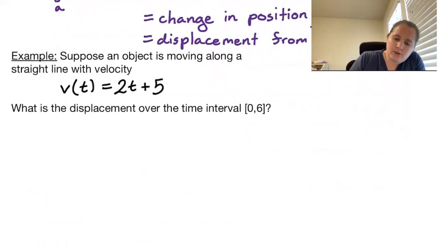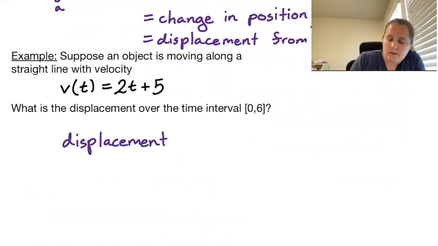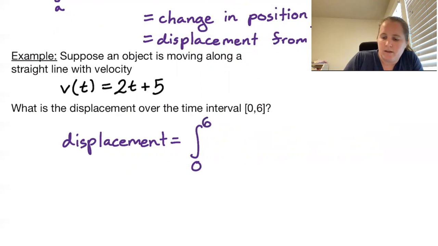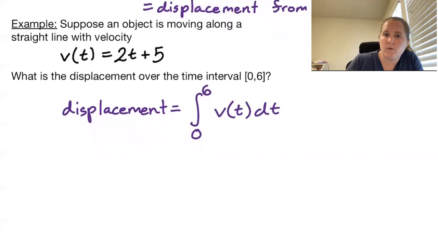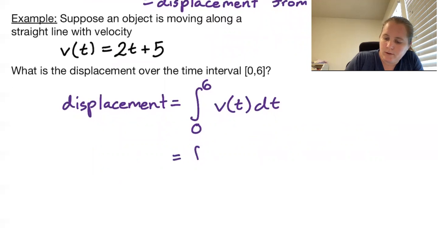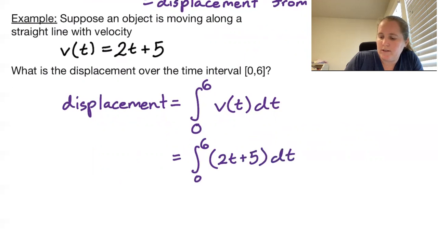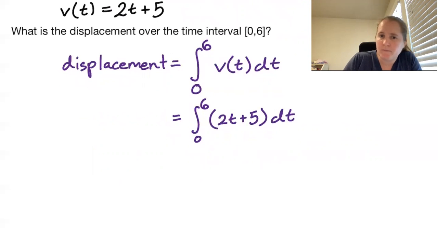So all we need to do is displacement is equal to the definite integral over that time interval. So we're going to go from 0 to 6 of v of t dt, or the definite integral from 0 to 6 of 2t plus 5 dt. 2t plus 5, we know how to integrate.